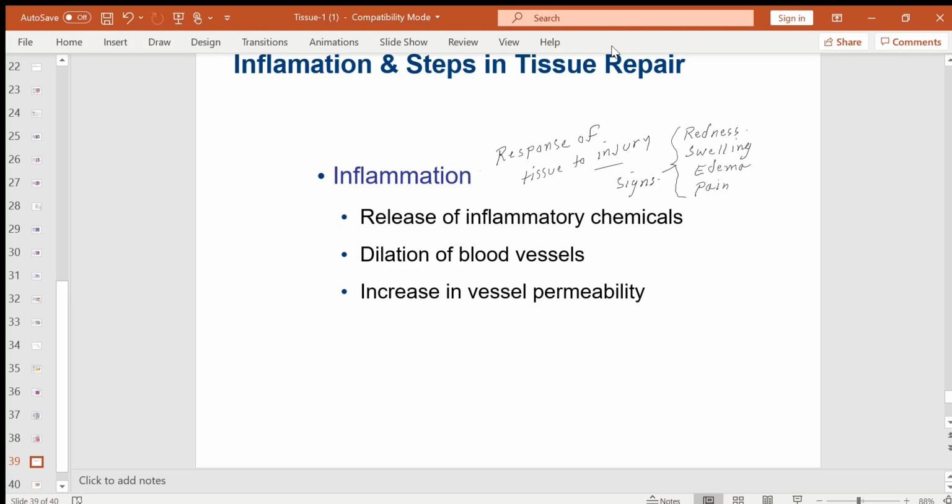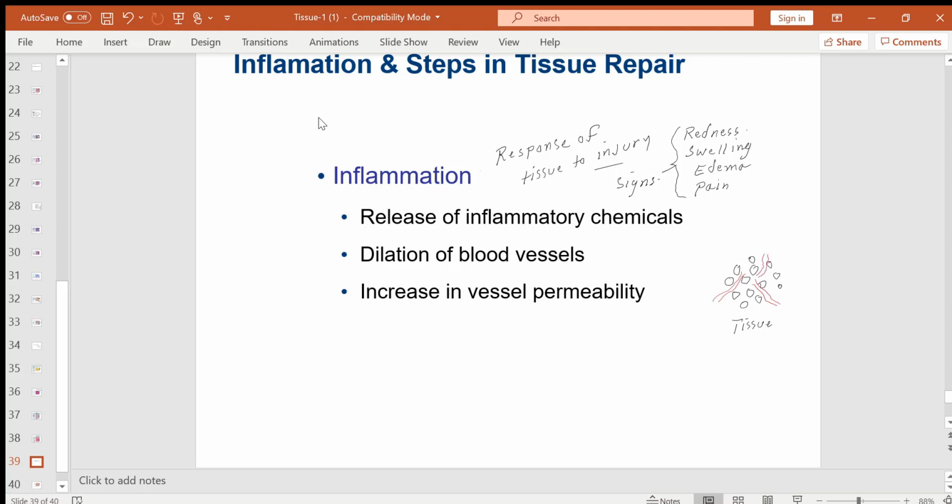Let me draw a tissue. You know, tissue is a collection of many similar cells. So this is a tissue. Okay. Now, you know that in the tissue, everywhere you have the capillaries, blood capillaries, right? So the blood capillary here, okay?